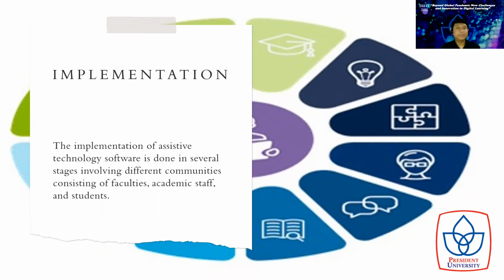So for faculties, they will upload the teaching and learning materials to eCampus, which is the learning management system used at President University. And then the academic staff will help the faculties to install the plugin for the assistive technology software to enable the students to access the software. And eventually, students become the user of the technology software.